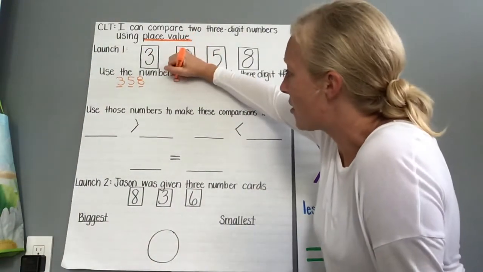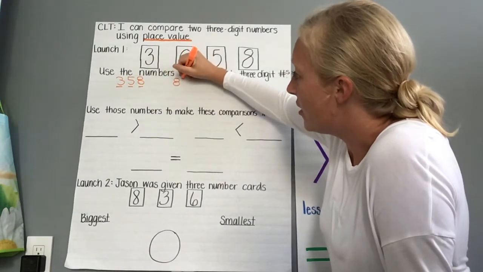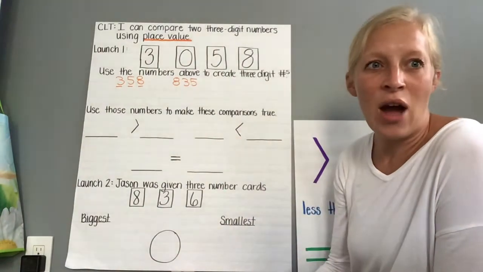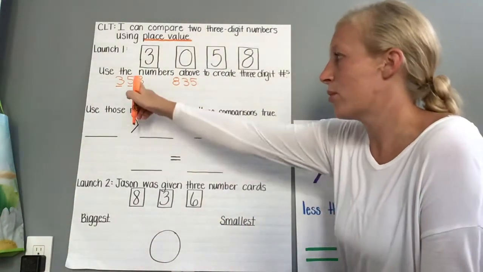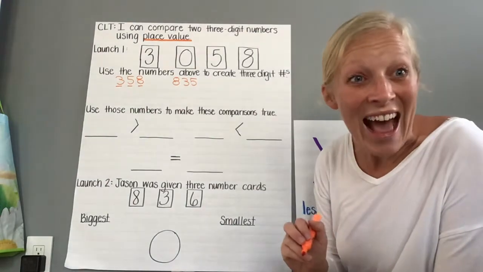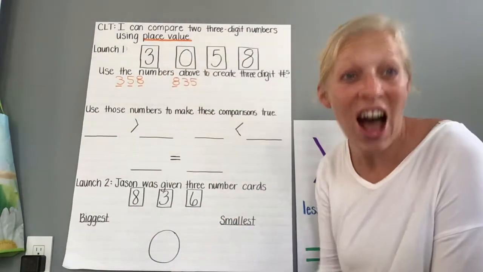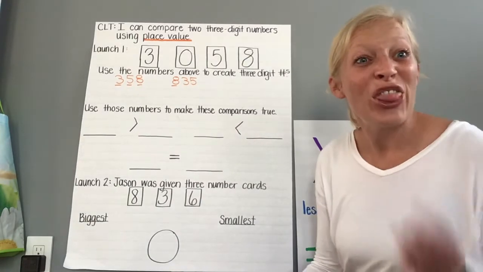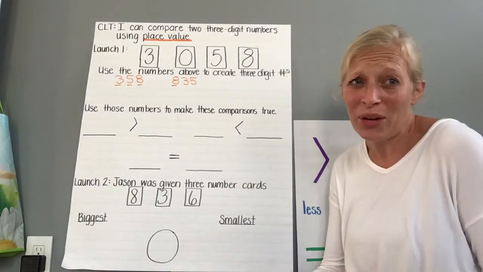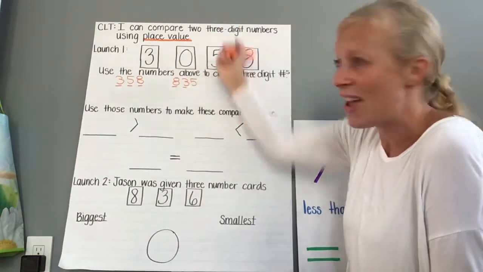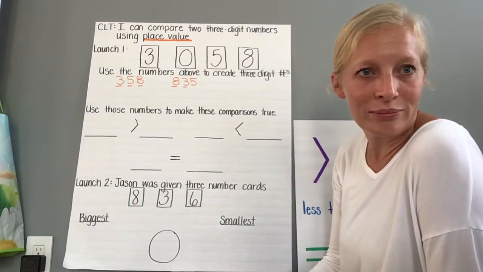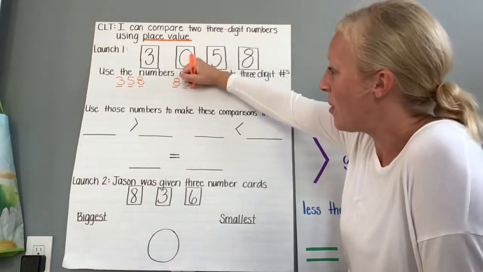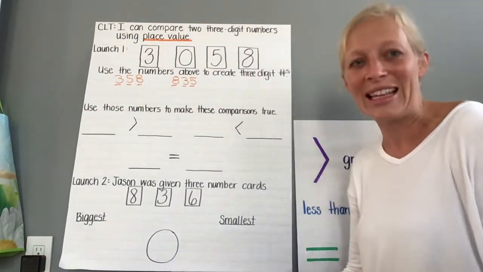If I want to make the number 835, now how much is my 8 worth? It's not worth 8 anymore. Yes, it's worth 800. How much is my 3 worth now? 30. Not worth 300 anymore. It's worth 30. And now how much is my 5 worth? That's right. It's worth 5. Not 50 anymore. It all depends on where it lands and what place it's in.